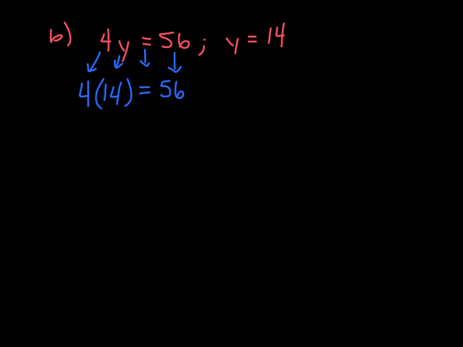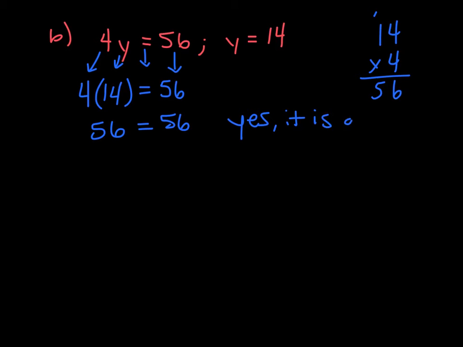So now you have to figure out, does 4 times 14 equal 56? And of course, if you have to do any side math, feel free to. It does end up equaling 56. So 56 equals 56. Yes, it is a solution.